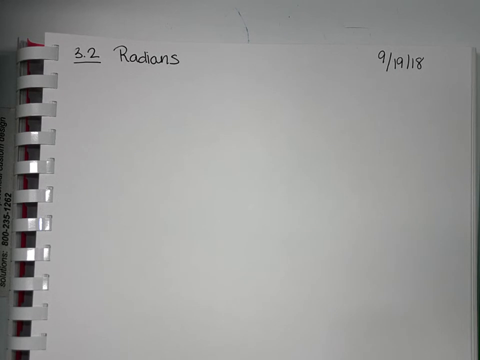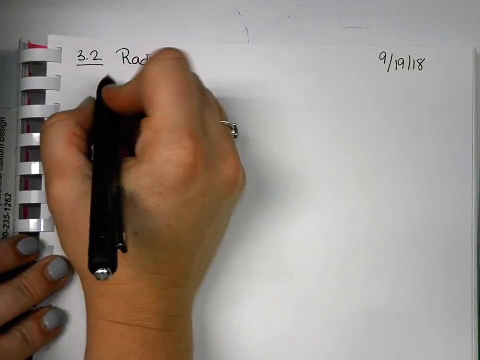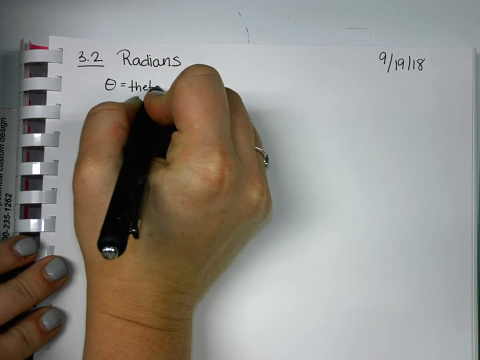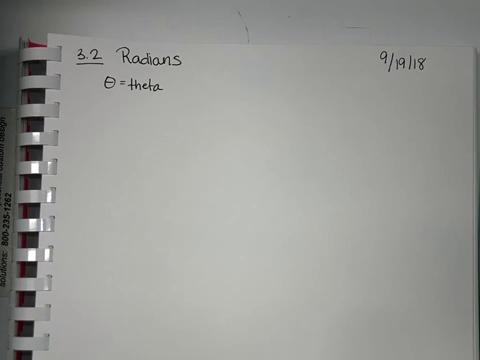Before we get too far into radians, just a reminder that this symbol is theta, and it's one that we often use to represent angles in trigonometry.